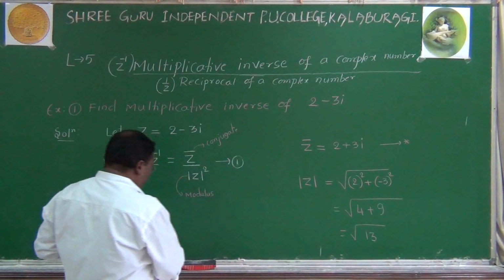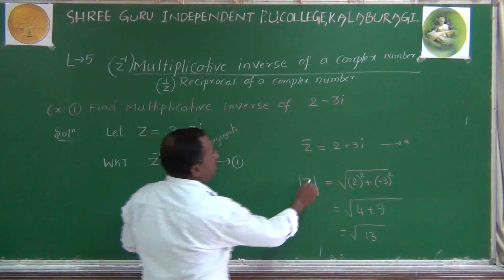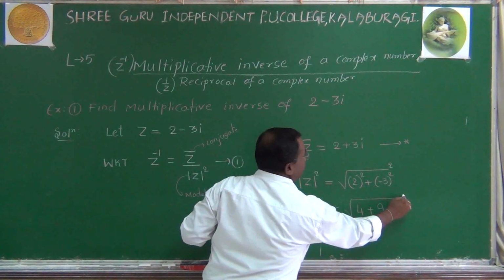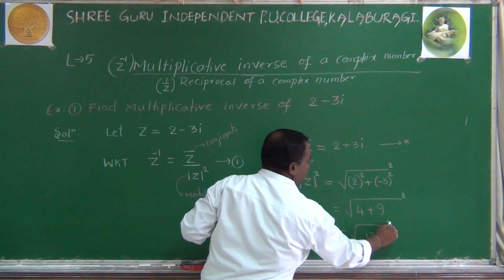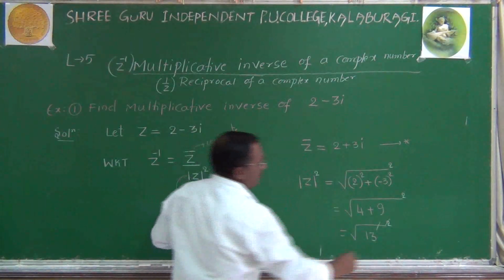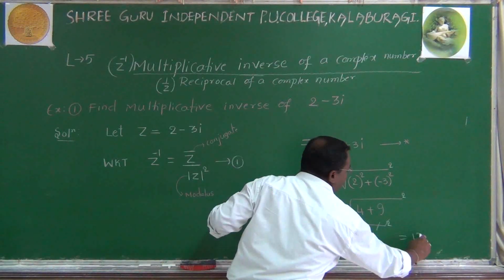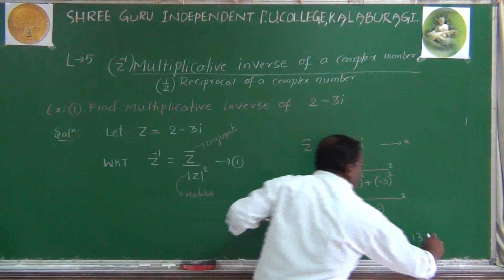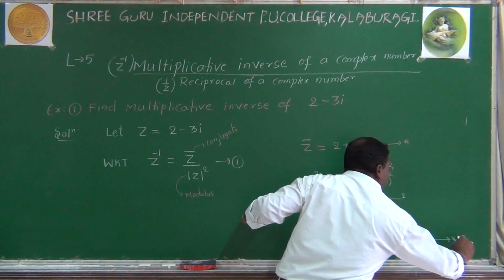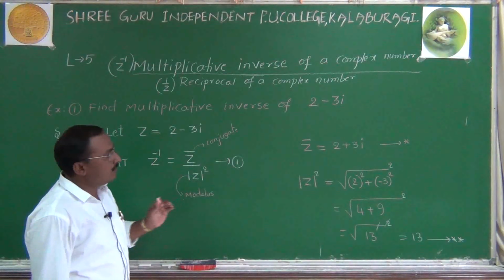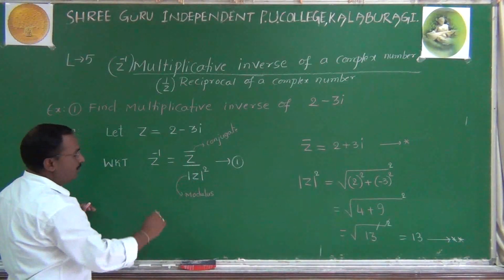That is in the form of square root of something squared, so square and root get cancelled. Value is 13. Substitute these two values in equation number 1.